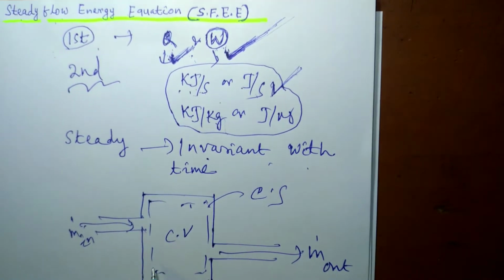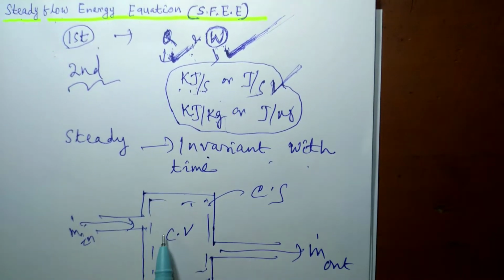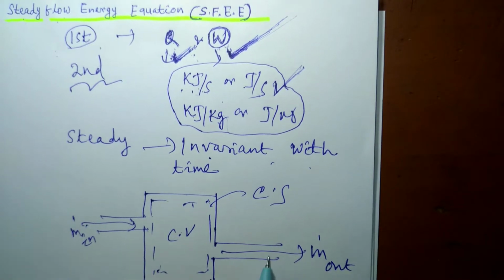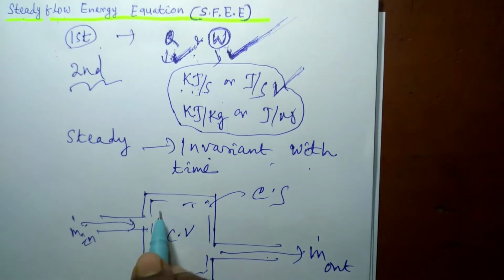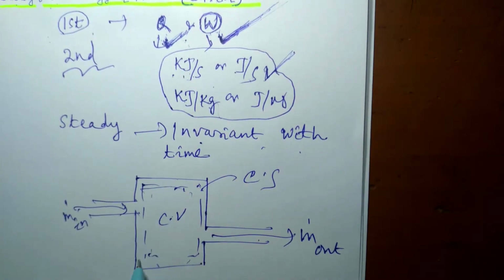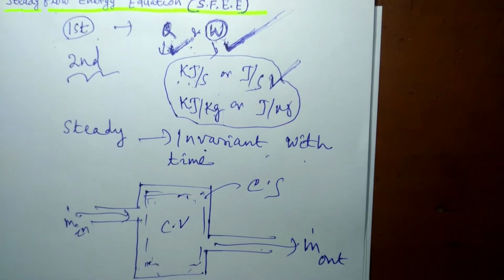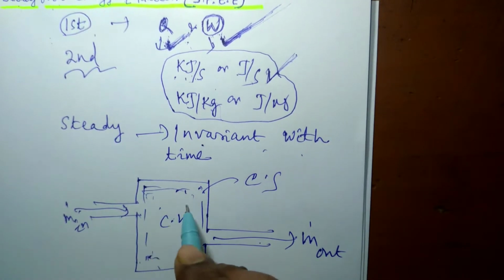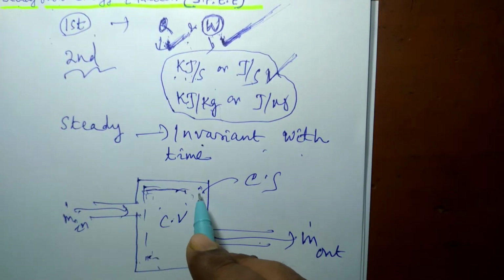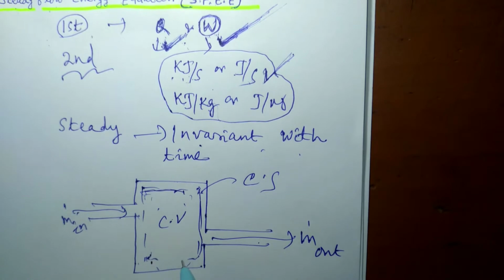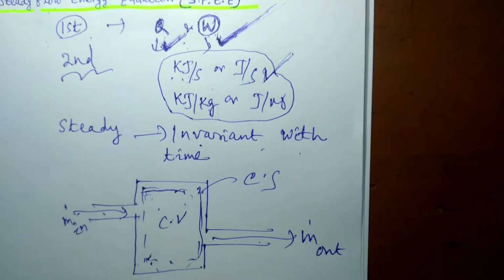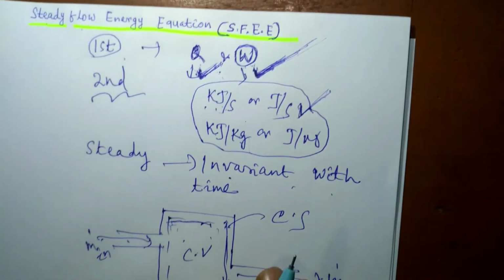So neither intensive nor extensive properties vary with time in that case. That means the mass of the control volume, the energy of the control volume, and the volume of this region also do not change. None of these values change during the steady flow process once that steady state is attained.